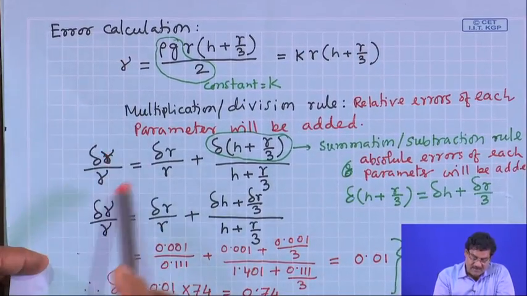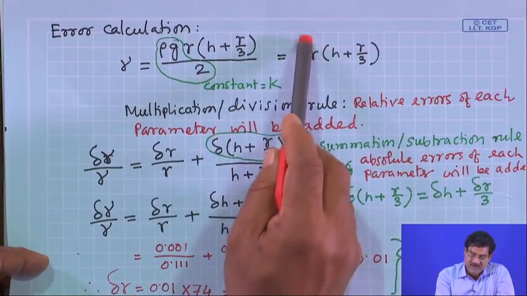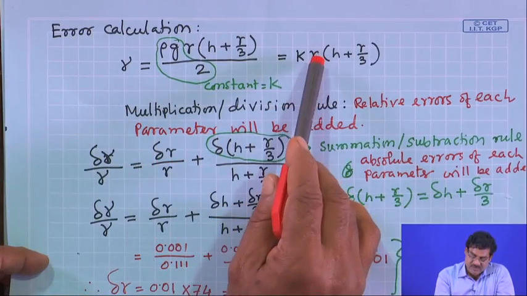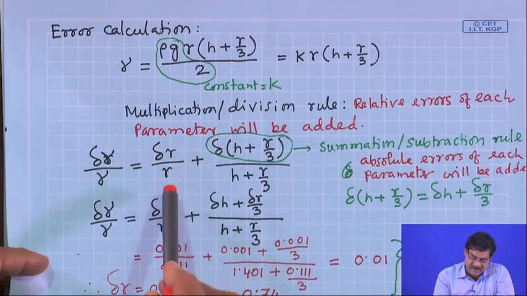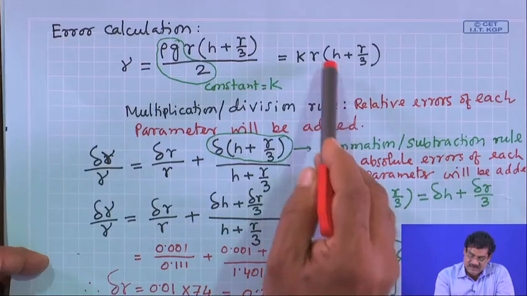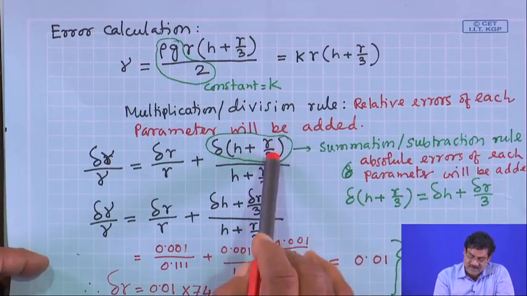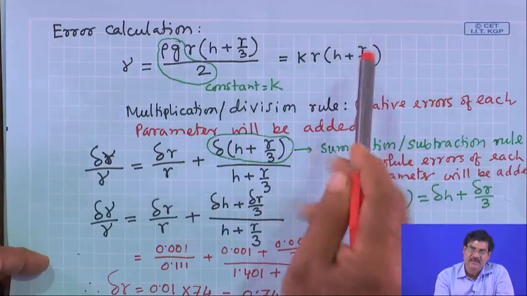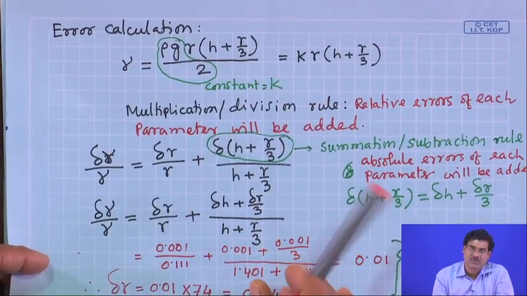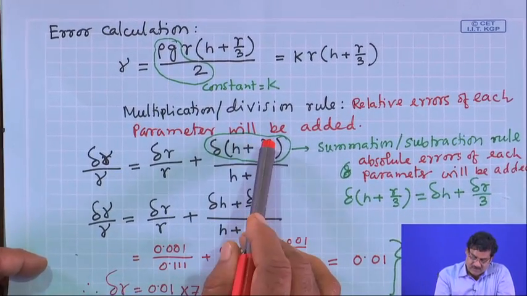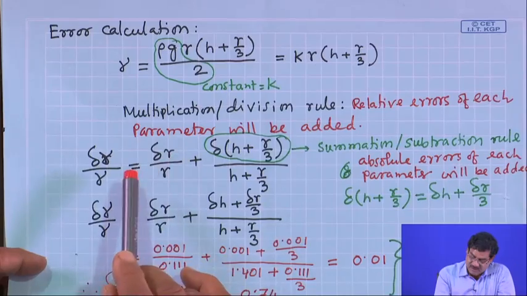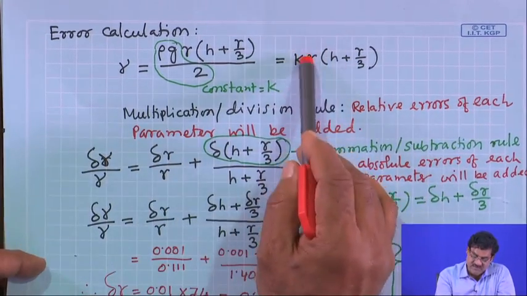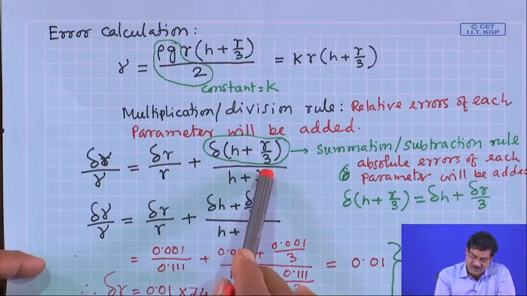So del gamma by gamma equals del r by r plus del (h plus r by 3) by (h plus r by 3), because k is constant and del k is 0. We take h plus r by 3 as a whole, one parameter.